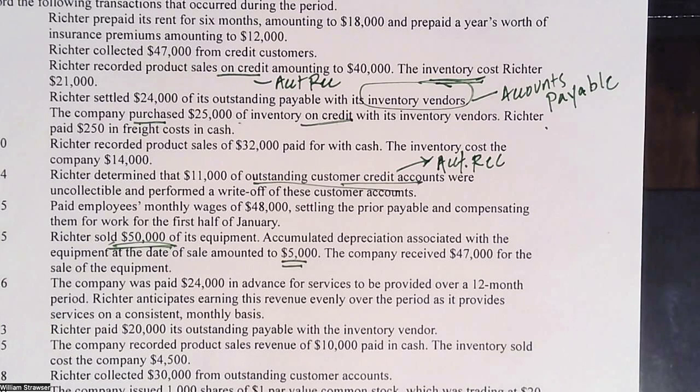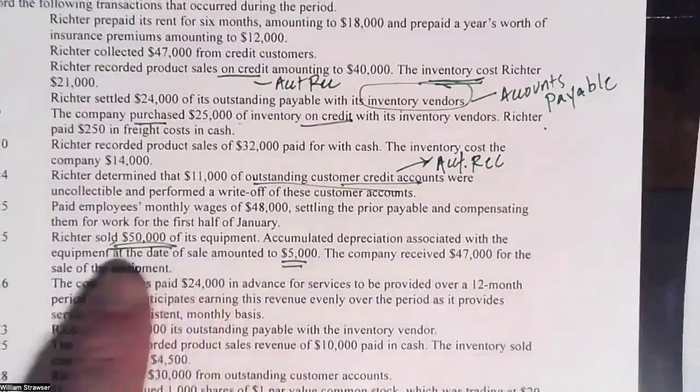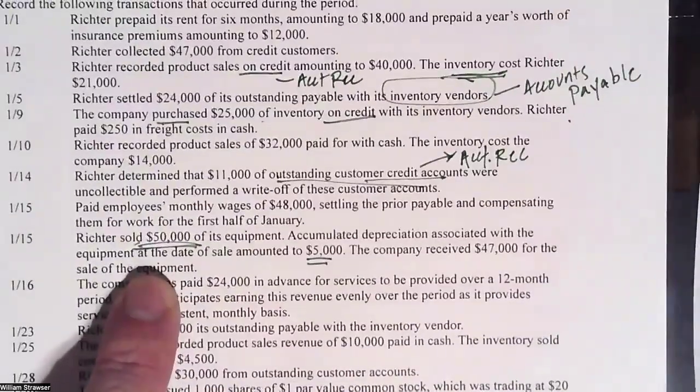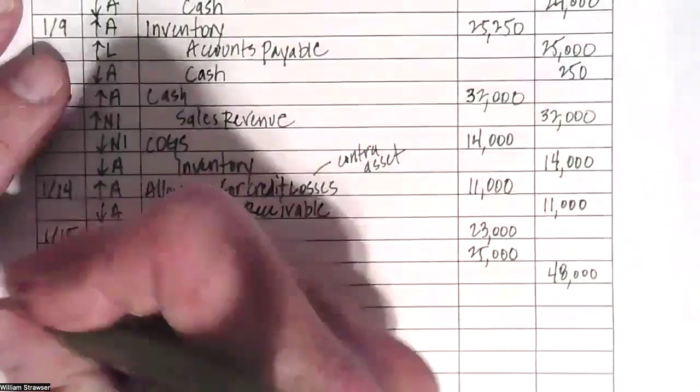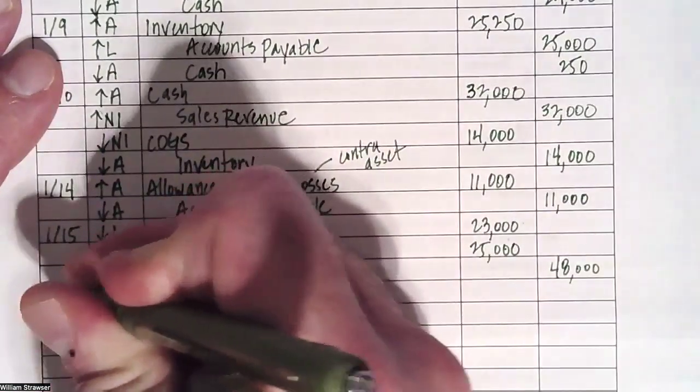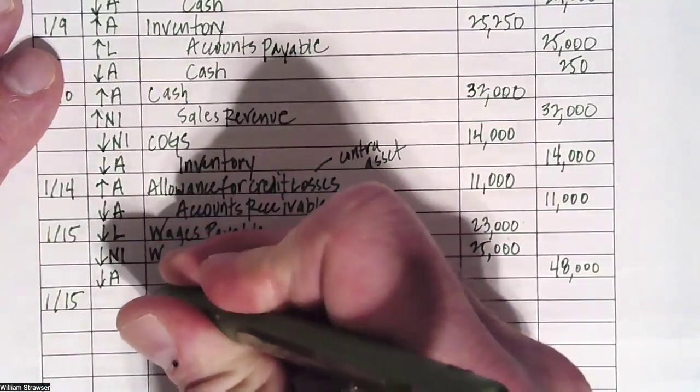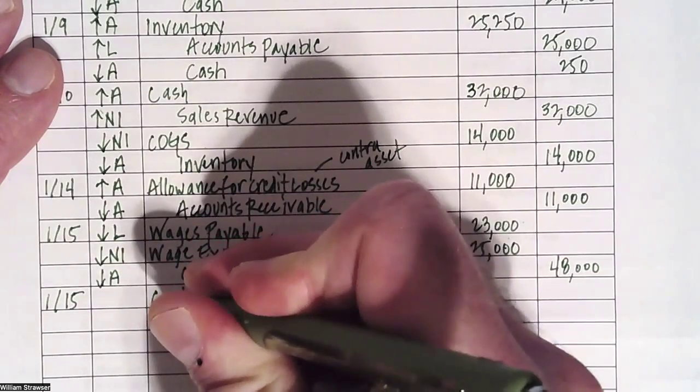So we get rid of both of those pieces, and then we account for the amount of money we received. So let's start with the easiest part, which is, hey, we got $47,000 on this sale and it's at 115. So I debit cash for 47,000.